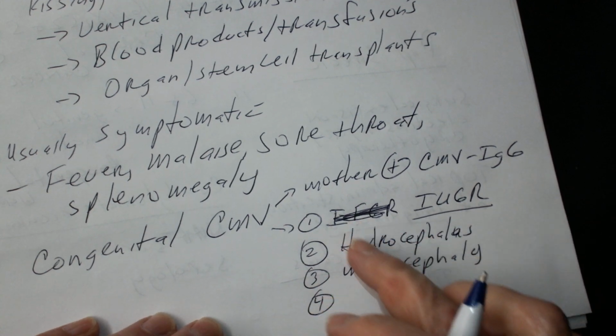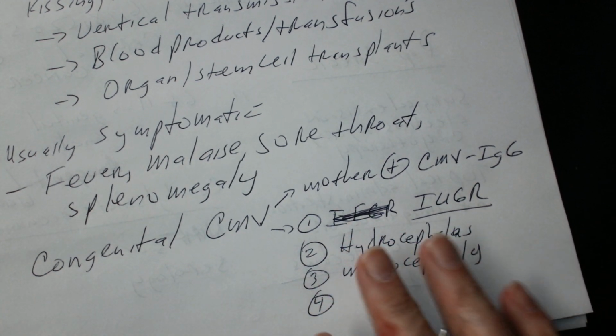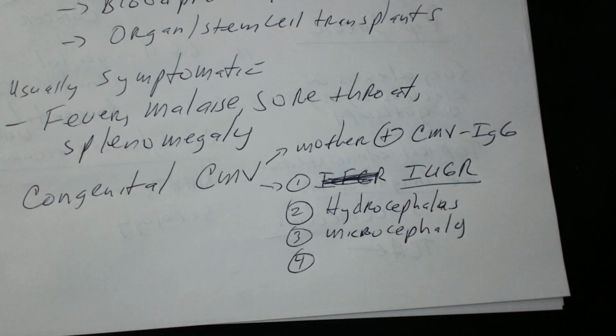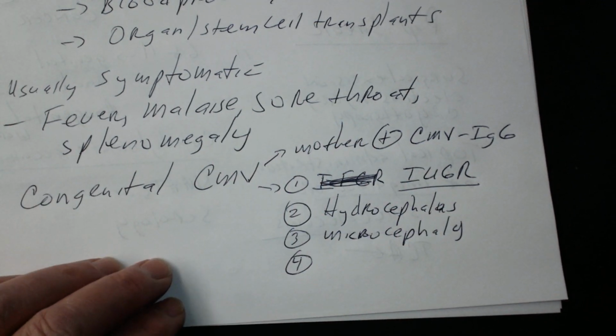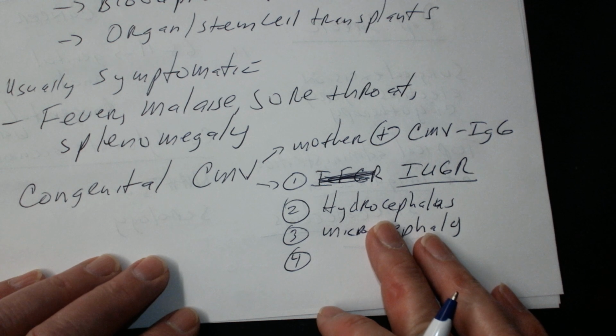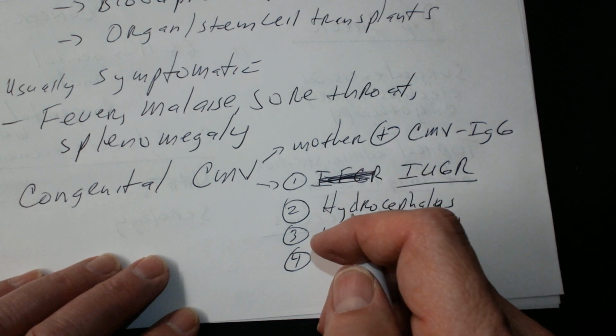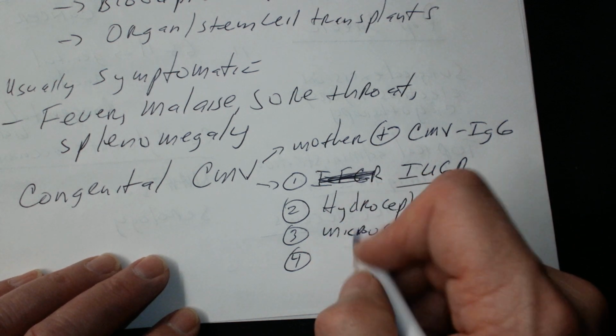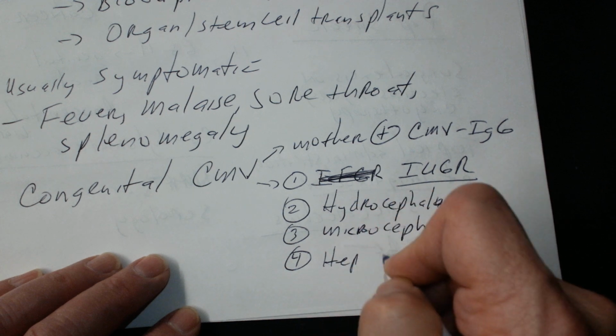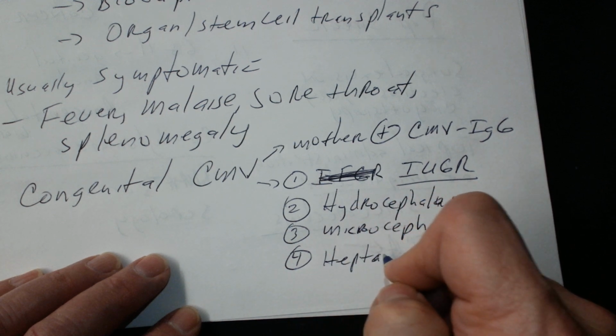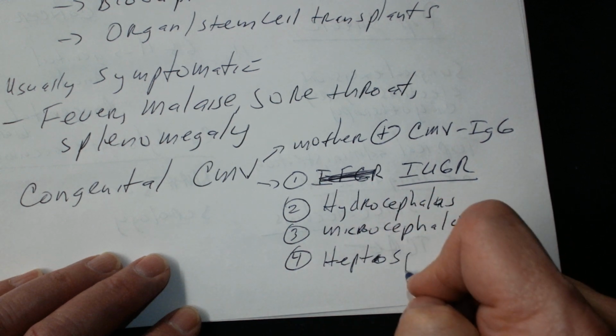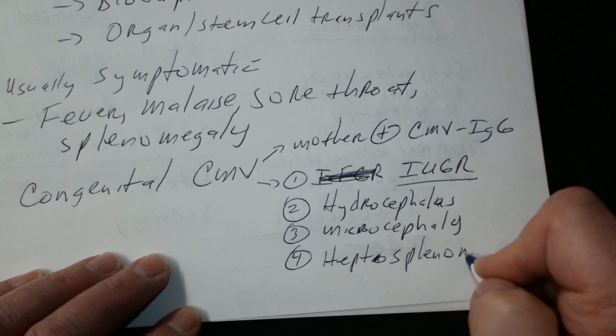The virus infects the fetal tissue, it lyses cells, and that's what's responsible for a lot of the organ damage. Usually there's hepatosplenomegaly.